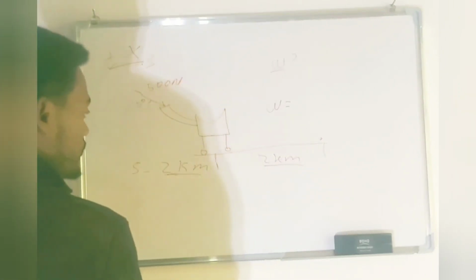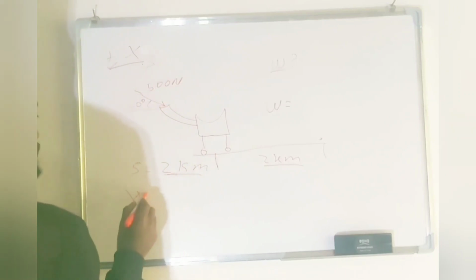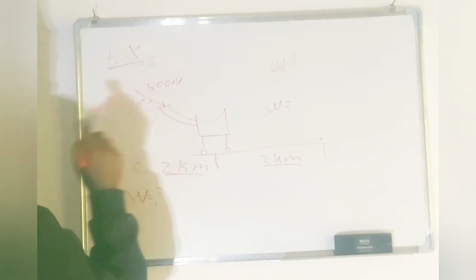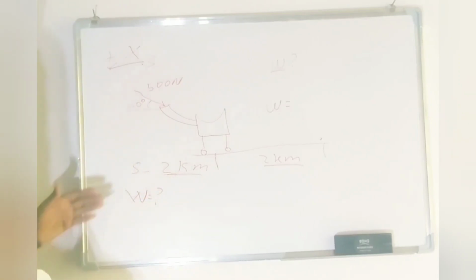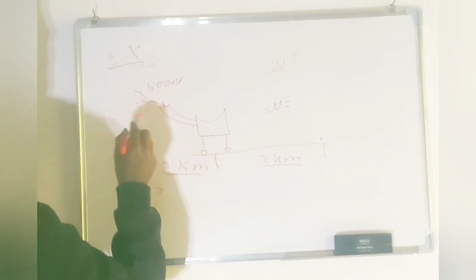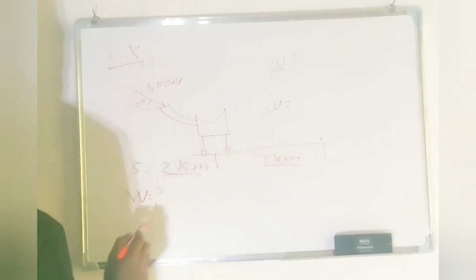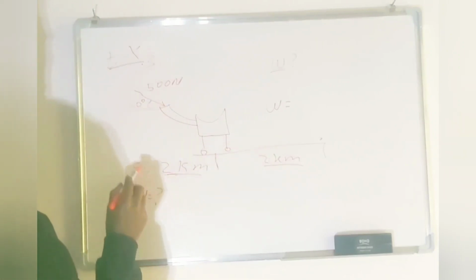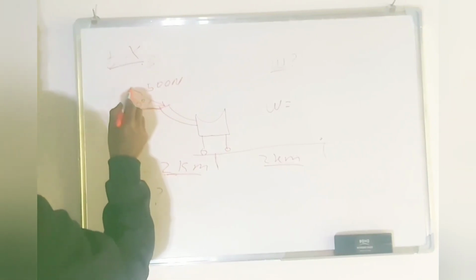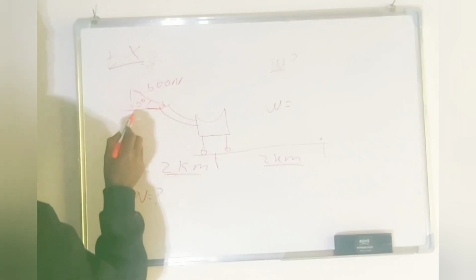Now we can find the work done. But as we have said before, to find work done, force and distance should be in the same direction. Now we have to find the horizontal component of this force.